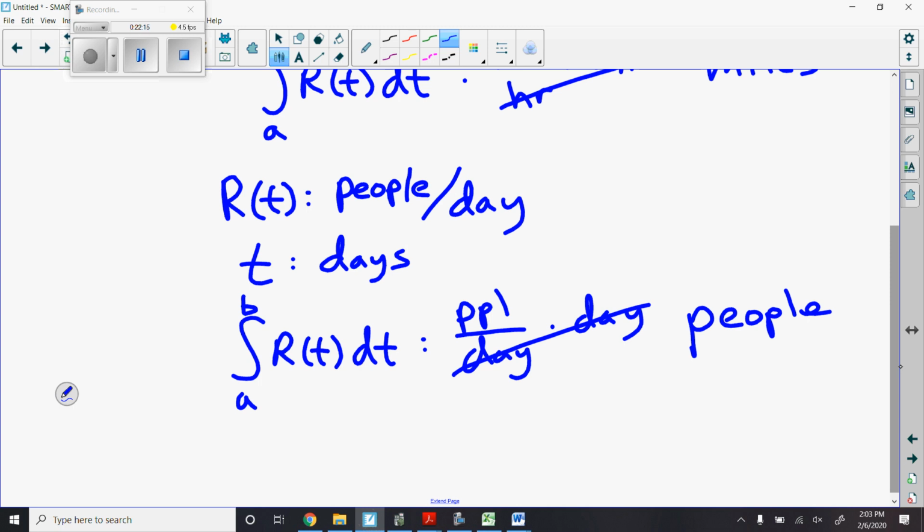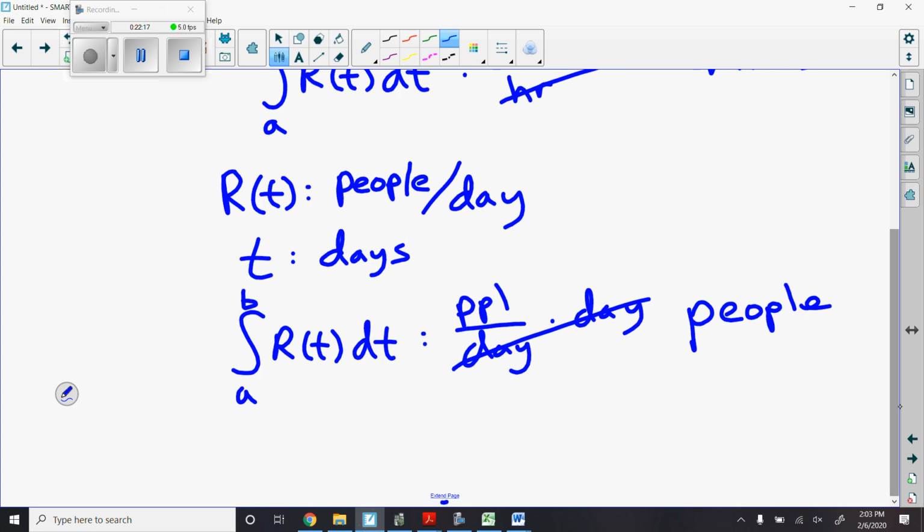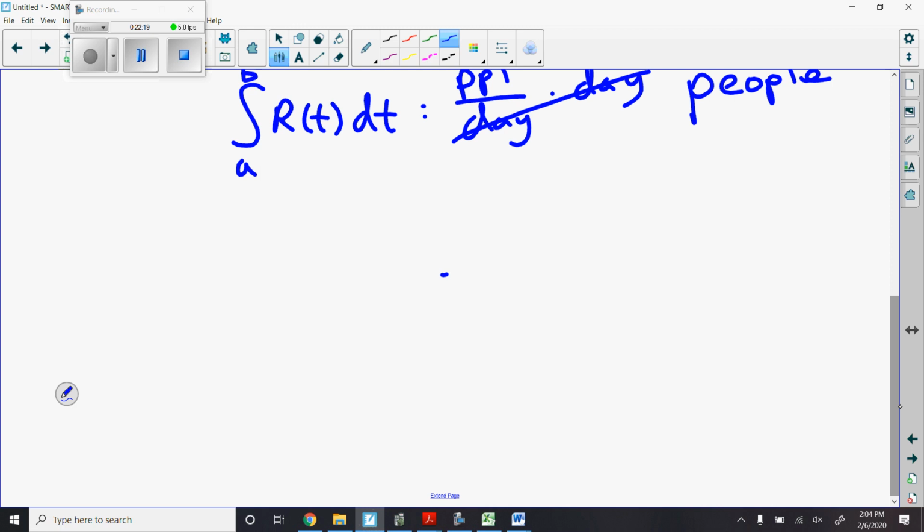Okay. Let's look at one more. Let's say A of t is a unit of inches squared, and let's say t is a unit of inches.